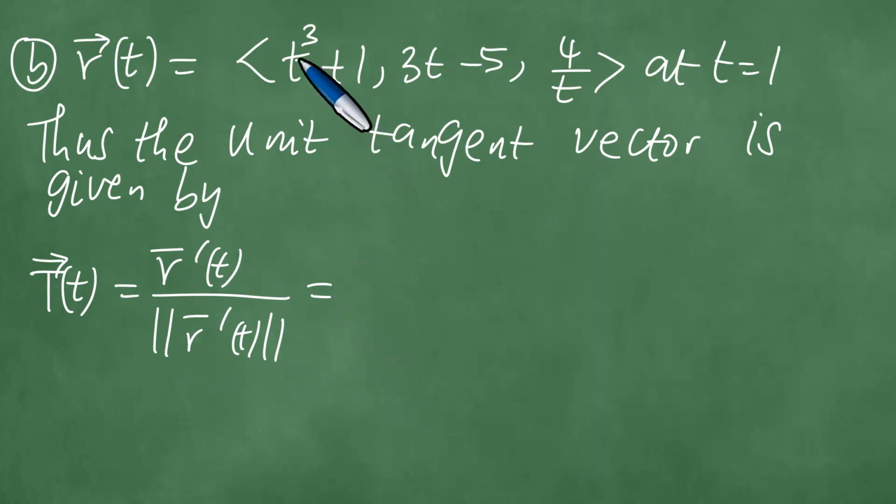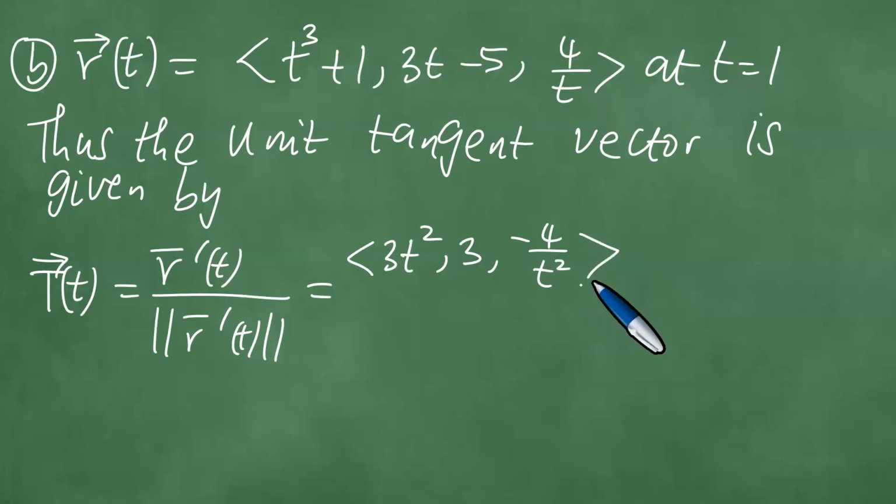You take the derivative of this, which is 3t squared. The derivative of this is 3, and the derivative of this is exactly minus 4 over t squared.